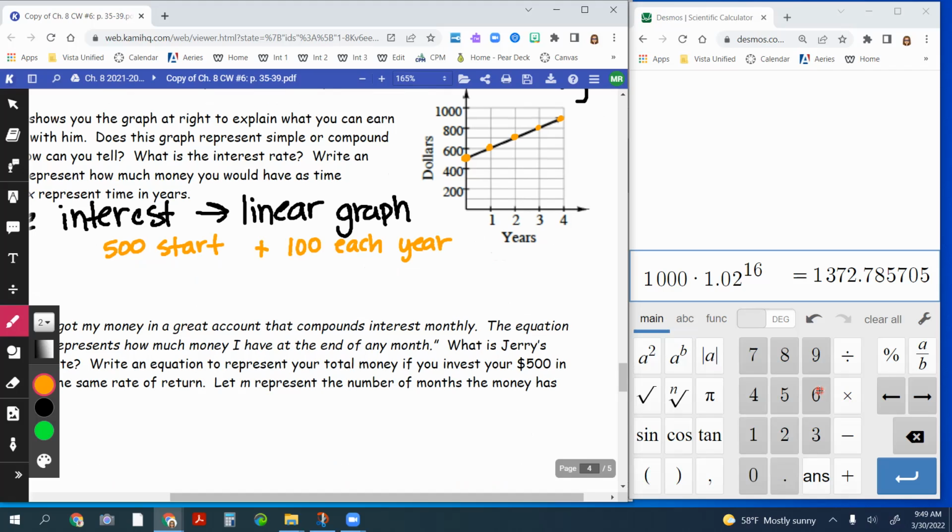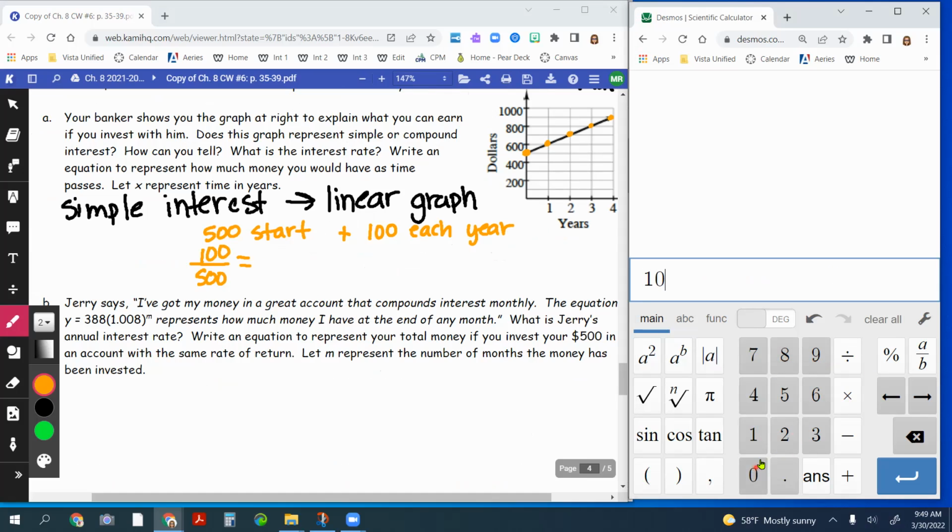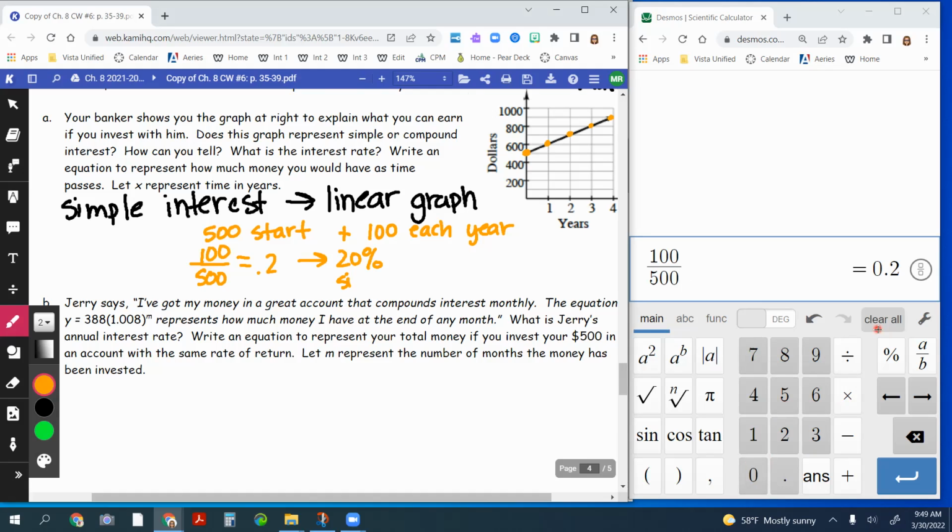So I basically need to figure out 100 is what percent of 500. So I'm going to take 100 divided by 500, which is 0.2, which means 20% simple interest.